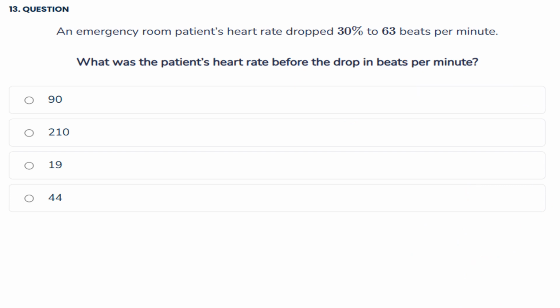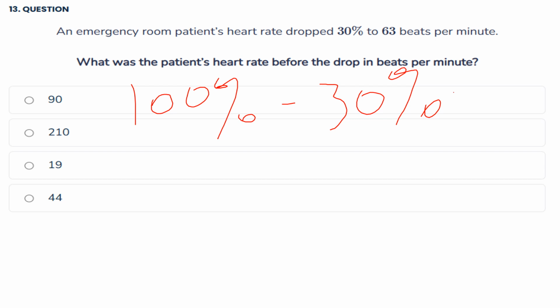All right, but before we plug in that percent, it does tell us that the heart rate dropped. So we need to figure out what the percent is to use. So we take 100% and subtract 30 from it. That gives us 70%. But since using that equation, this percent needs to be put into, it has to be placed into decimal form.